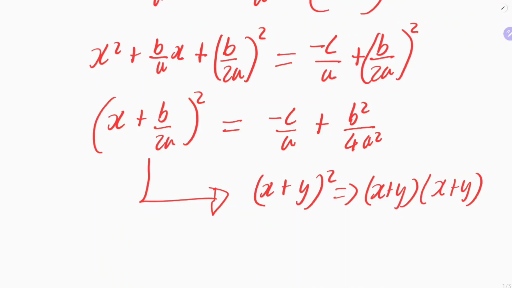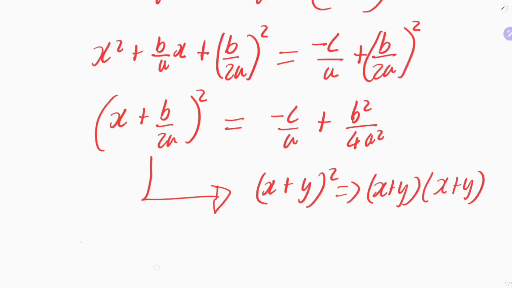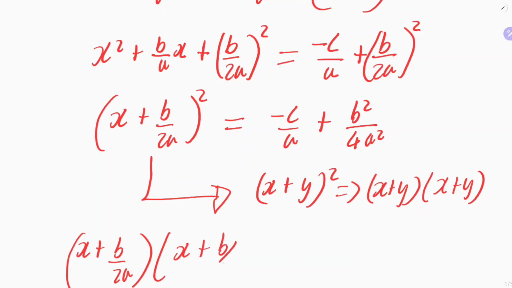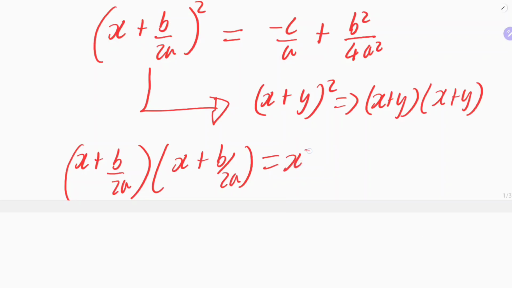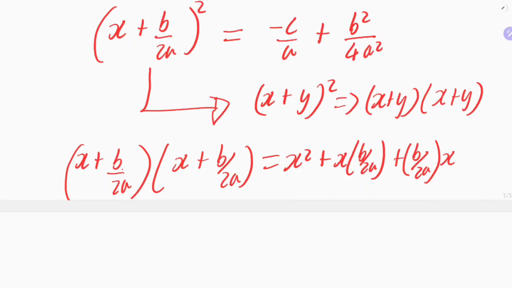We take x plus b on 2a times x plus b on 2a, which is x times x, x squared, plus x times b on 2a. Next term, b on 2a times x, plus b on 2a times b on 2a, which is plus b on 2a all squared.